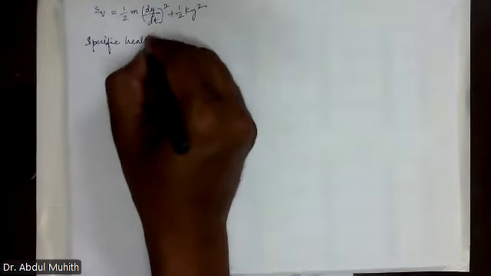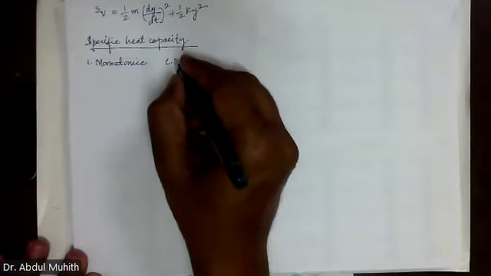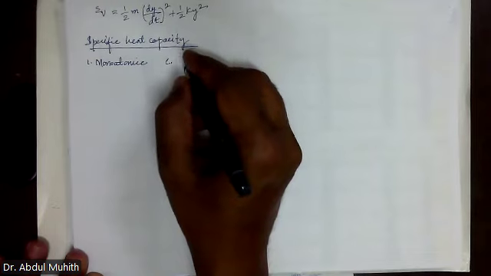In specific heat capacity, as you know, there will be three cases. Monoatomic, that is, the atom is itself a molecule like helium, neon, argon, krypton. First we'll calculate Cp and Cv.